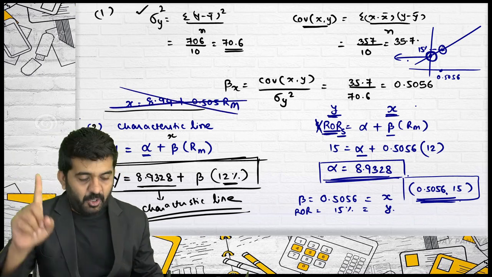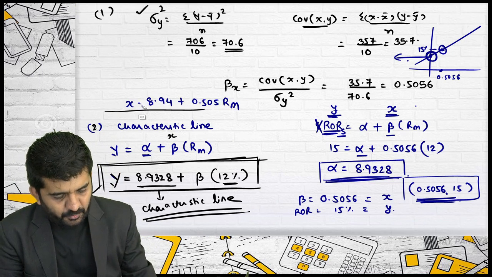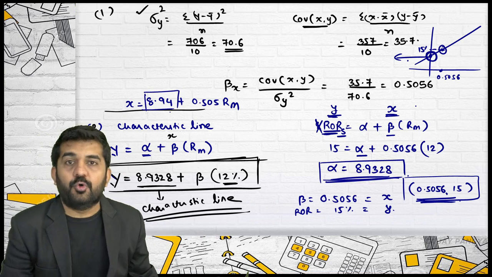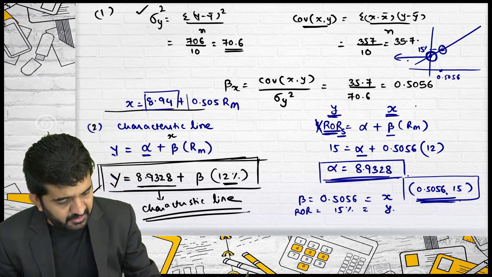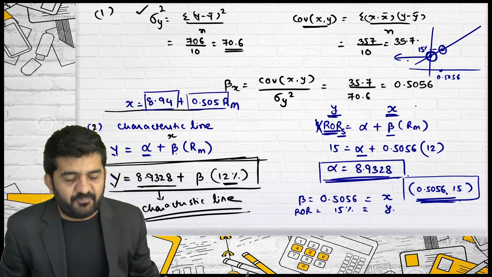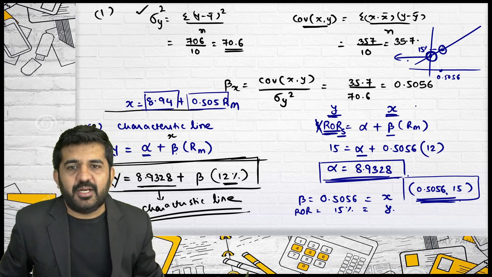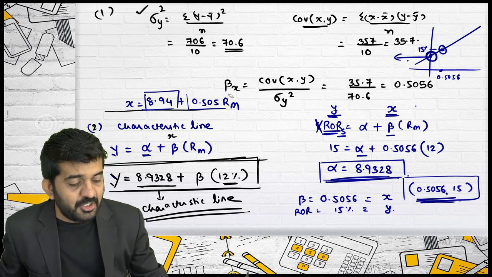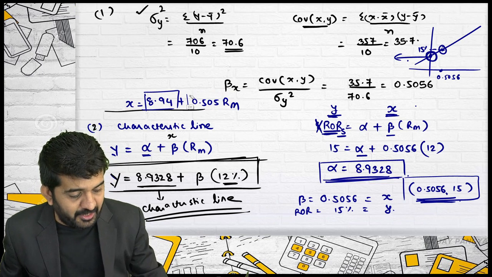Is it alright? I'll tell you what this characteristic line says. Origin is 8.94. Correct? Yes. Scale is 0.505. Correct or not, Mac? No, scale is 12%. Is it alright? You should write down the scale.